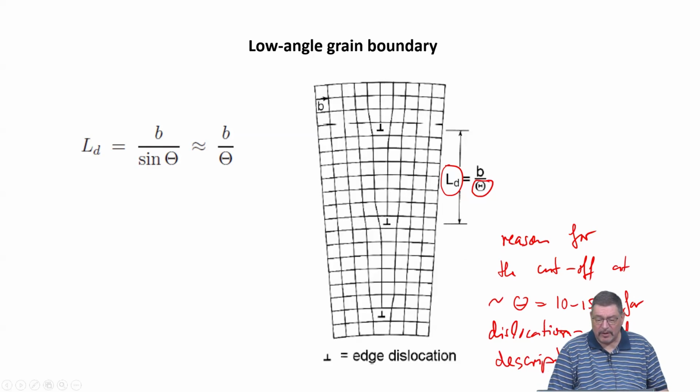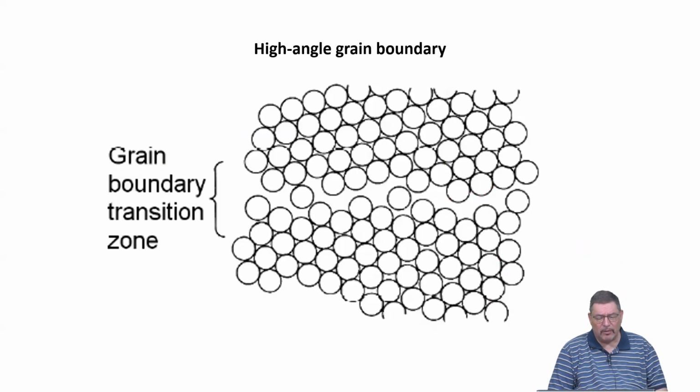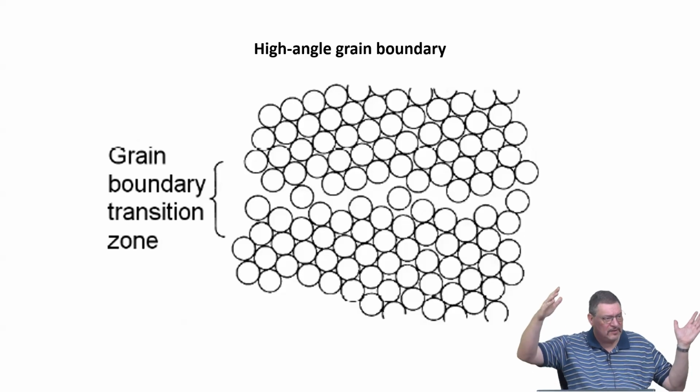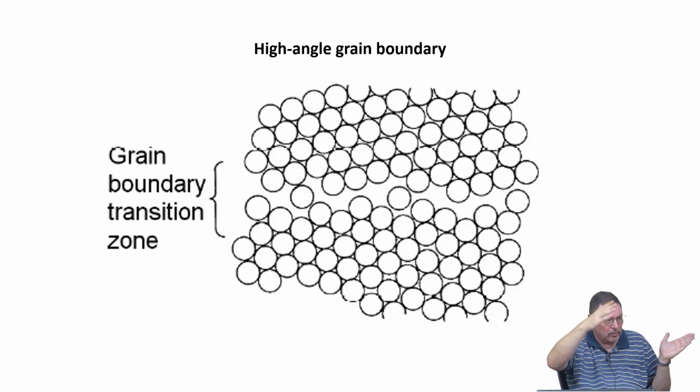So it means when we are talking about diffusion in high-angle grain boundaries, we need to just free our mind, forget about dislocations at the moment, and just ask the question, when we now have these grains coming together at a high angle, any odd angle you can think of, how does the structure of this grain boundary plane look like, and how is it constructed?